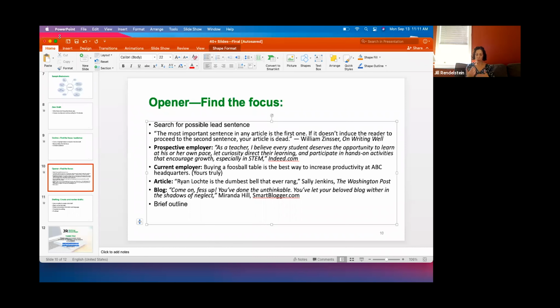And so thinking about those things, try to find a first sentence in your zero draft. See if you can find something in there that's already there. And if it's not, then we can try and write some on your own.